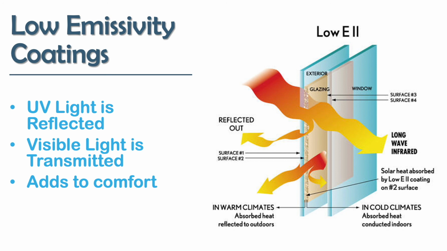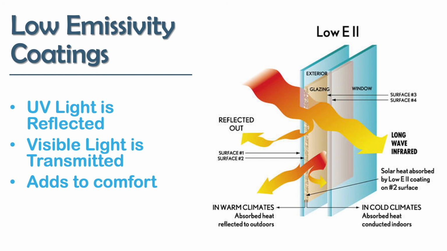The other thing I wanted to point out is quite often with a low E specified coating, we're going to see argon gas in between the panes of glass in our double paned or triple paned glass.